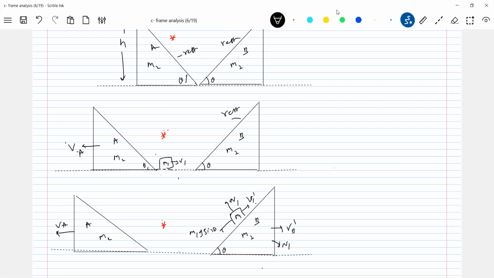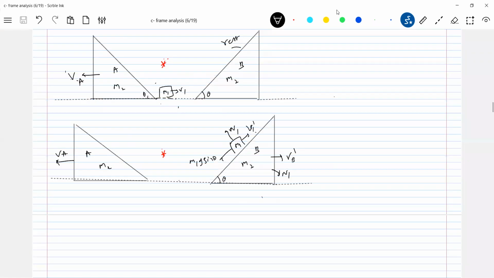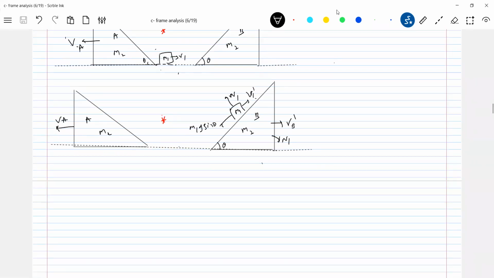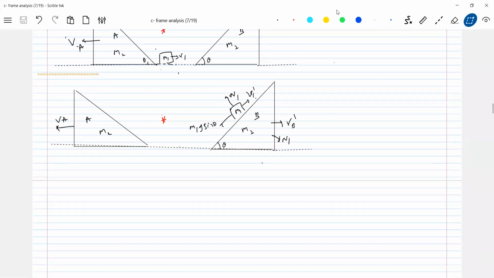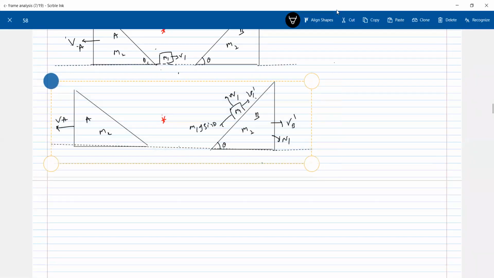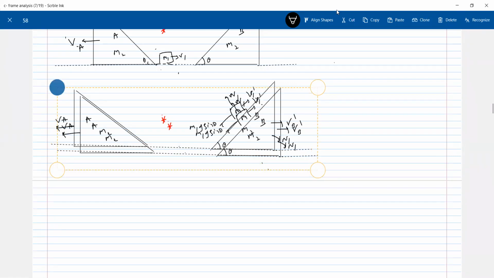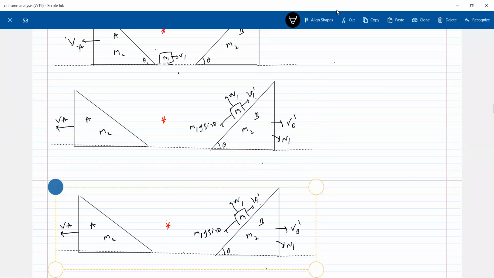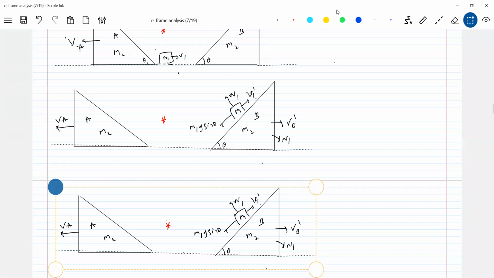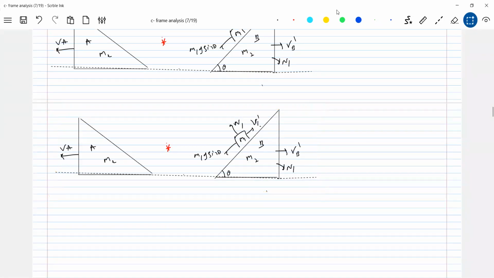So, what will happen? At one instant, the block will come to rest with respect to the wedge.